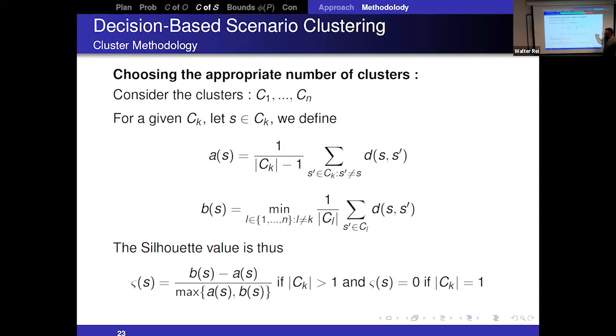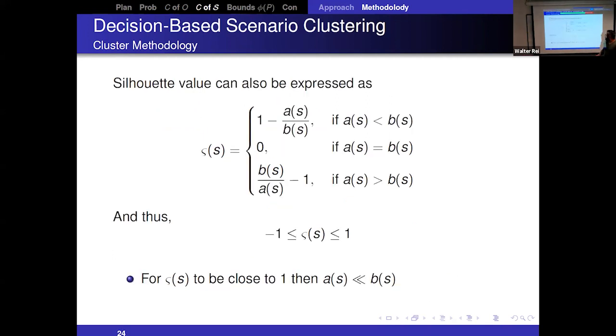Then the score. So obviously you want AS to be as small as possible, and you want the BS value to be as large as possible, right? So that would be a good score for a given scenario. So then the silhouette score is the difference between the value B and A divided by the max. So this is for one scenario, which gives you the following result, right?